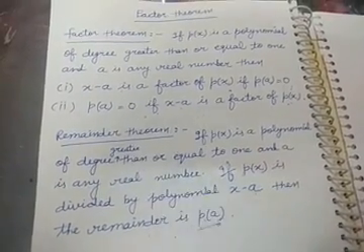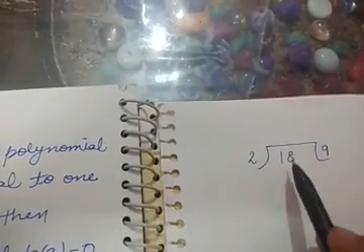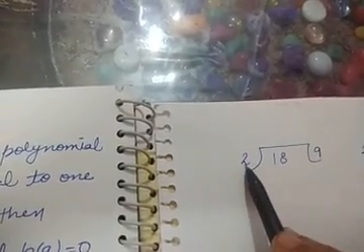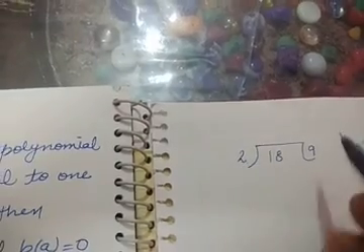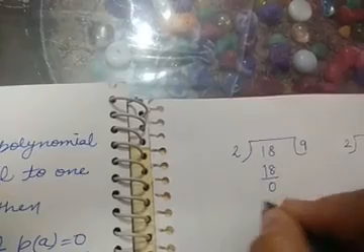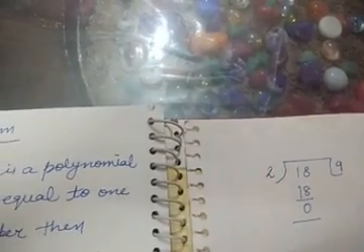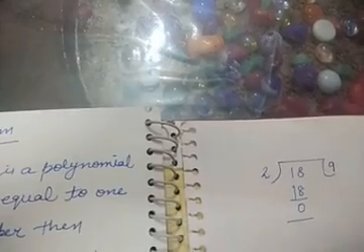Let me explain it by one example. Suppose we divide 18 by 2, then what do we get? 2 nines are 18. What is the remainder? 0. Now, what is the factorization of 18?